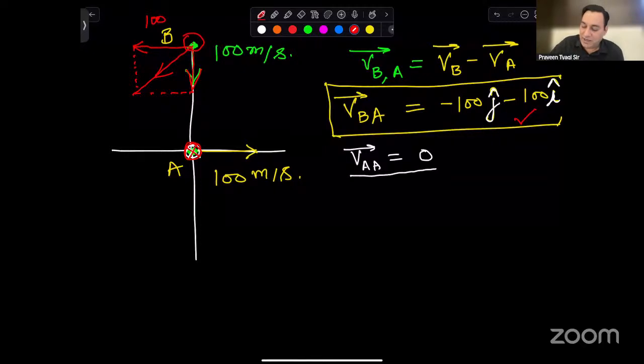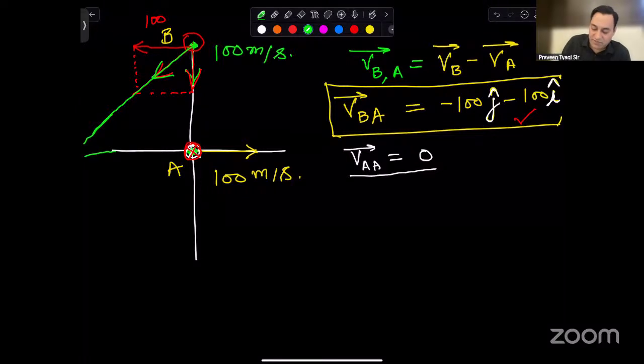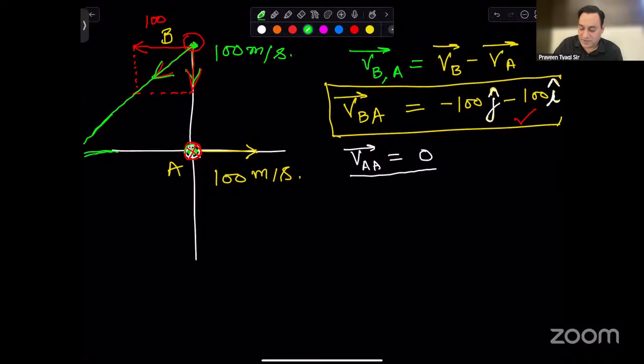If I plot this line, if I just draw this line properly, A is feeling that B is moving along this line, and he is at rest. This is how we'll find A to be moving. A is here, fixed, and B is moving in this direction as observed by A. This is how the relative motion is felt.